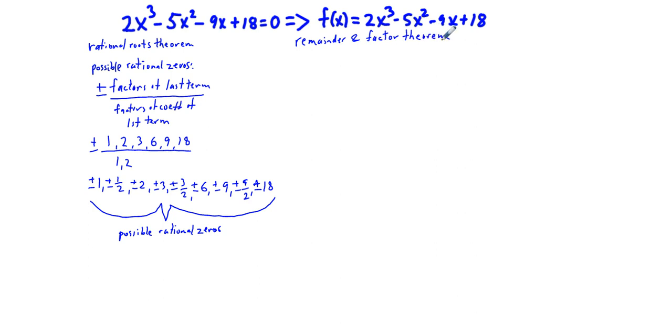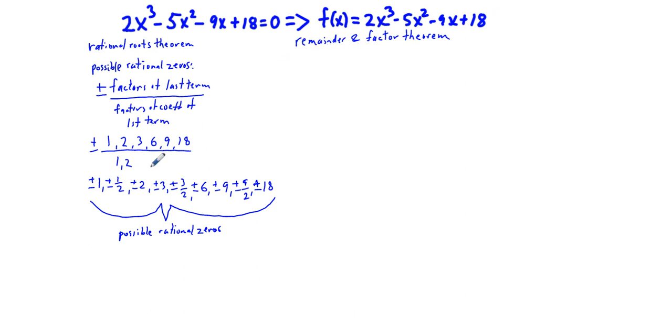What you're looking for is the remainder: if you have a zero and plug that zero into the function, you will get zero as a remainder. If it's not a zero, you will get something other than zero as a remainder.